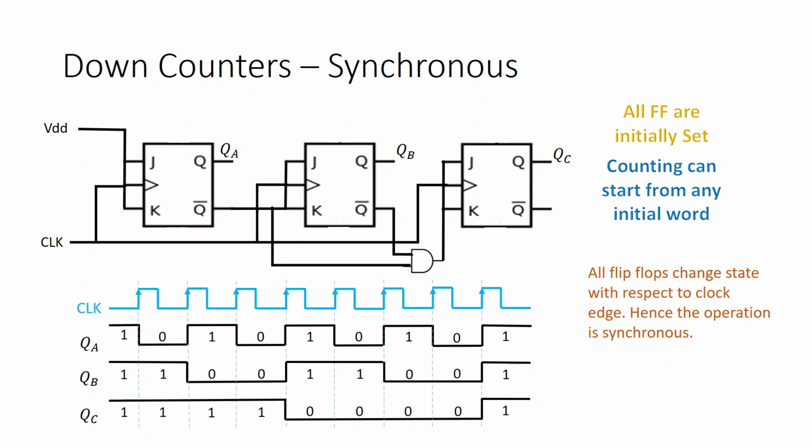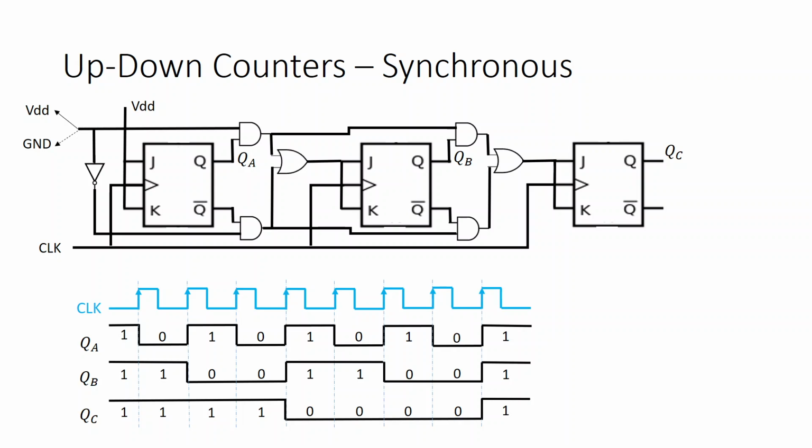So this is about the down counter operation, the synchronous down counter. Very easy, and you please verify whether this circuit leads to this timing diagram. Now there are counters which can act as both up counter or down counter.